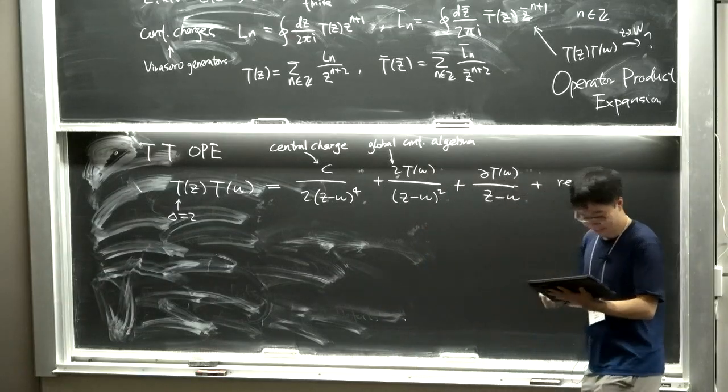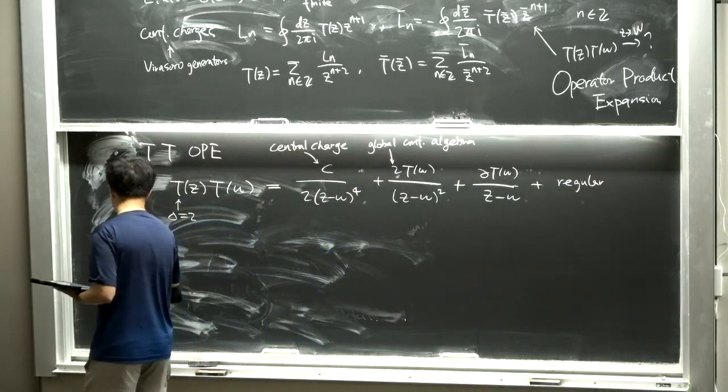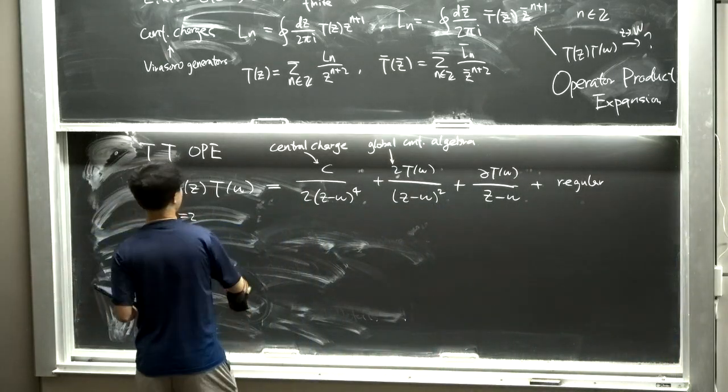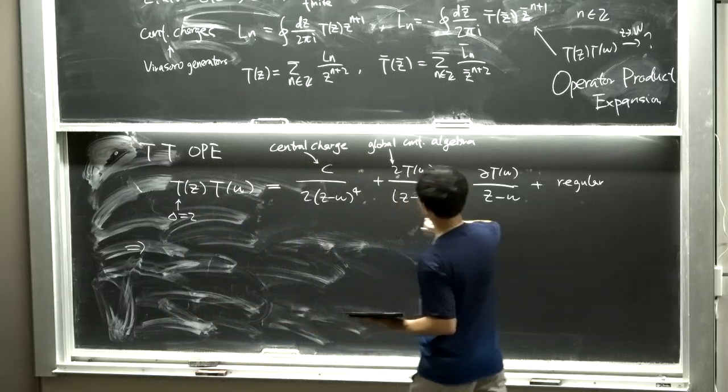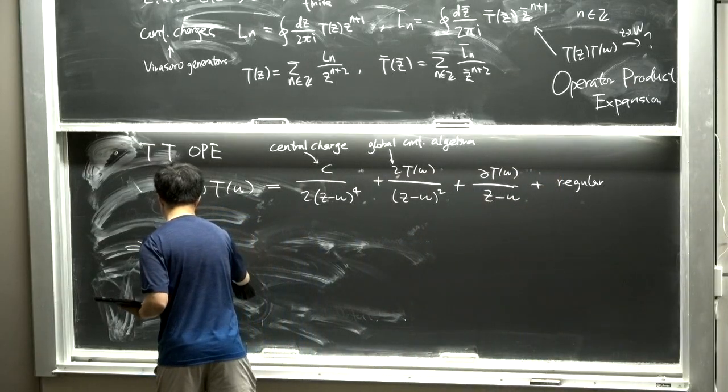All right, then I'll leave this exercise for you: from this OPE, derive the commutation relation between the Virasoro generators.